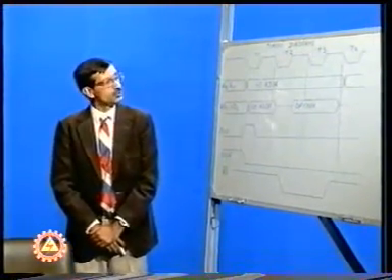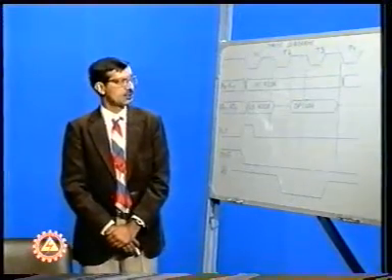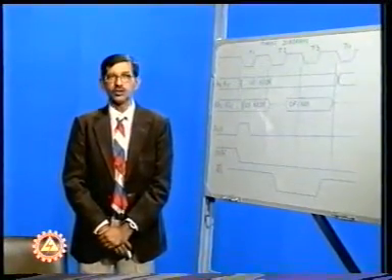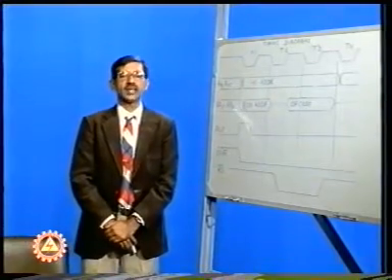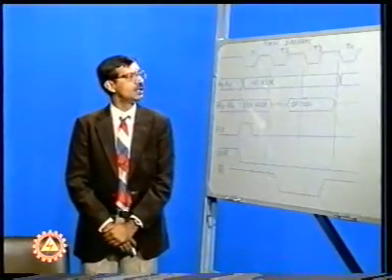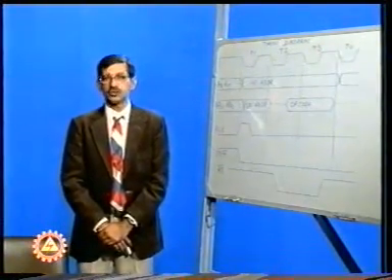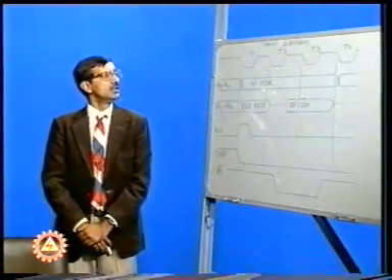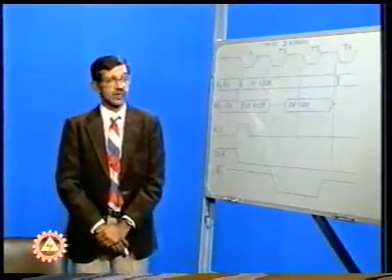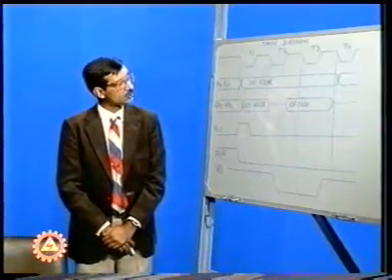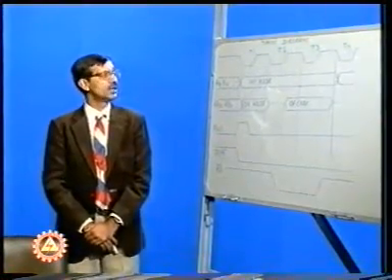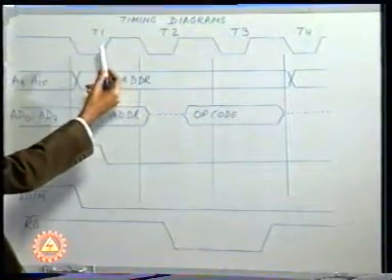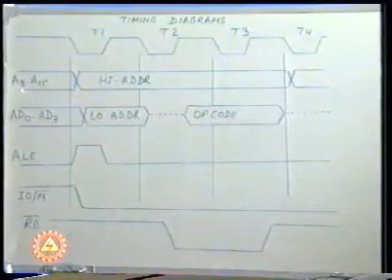The first machine cycle, which is always there in any instruction, is opcode fetch. So let us look at the sequence of actions that take place in this particular machine cycle. In fact, the sequence of actions can be explained very nicely with the help of the timing diagram, where we can show the actions taking place in each of the clock periods.